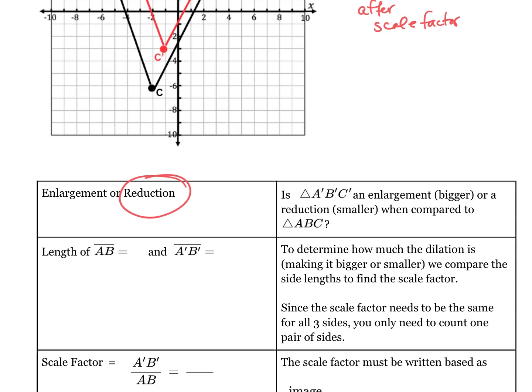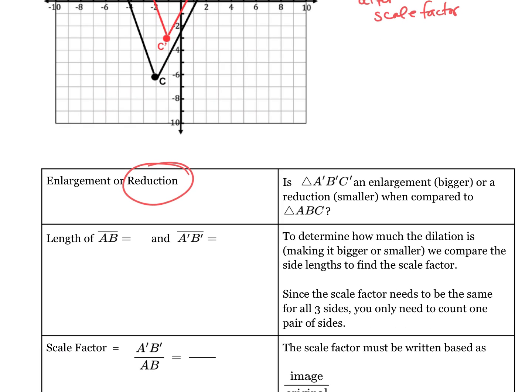Okay, so to determine how much the dilation is bigger or smaller, we can compare the side lengths. And we only have to do it with one set of sides. So go ahead and count the length of AB, count the length of A prime, B prime, and see if you can determine, what do you notice about those side lengths?